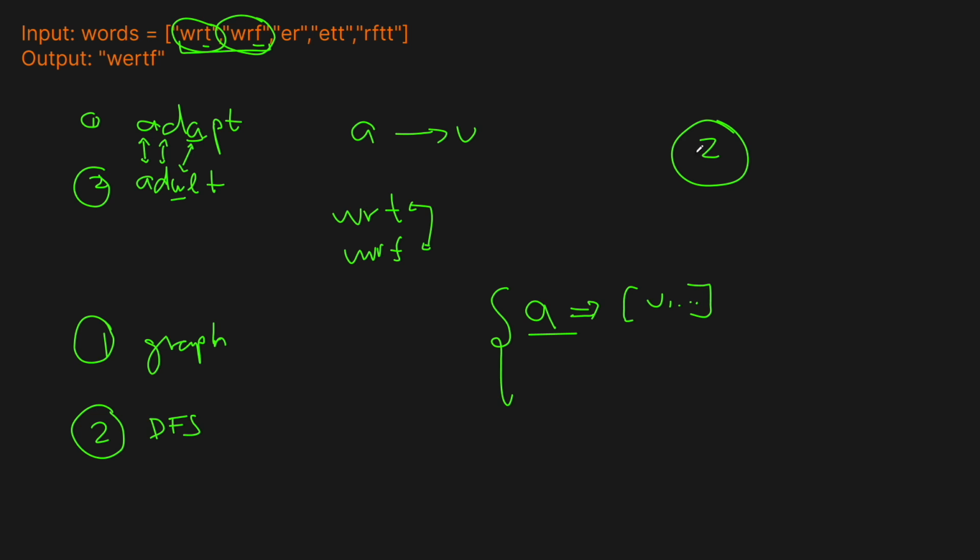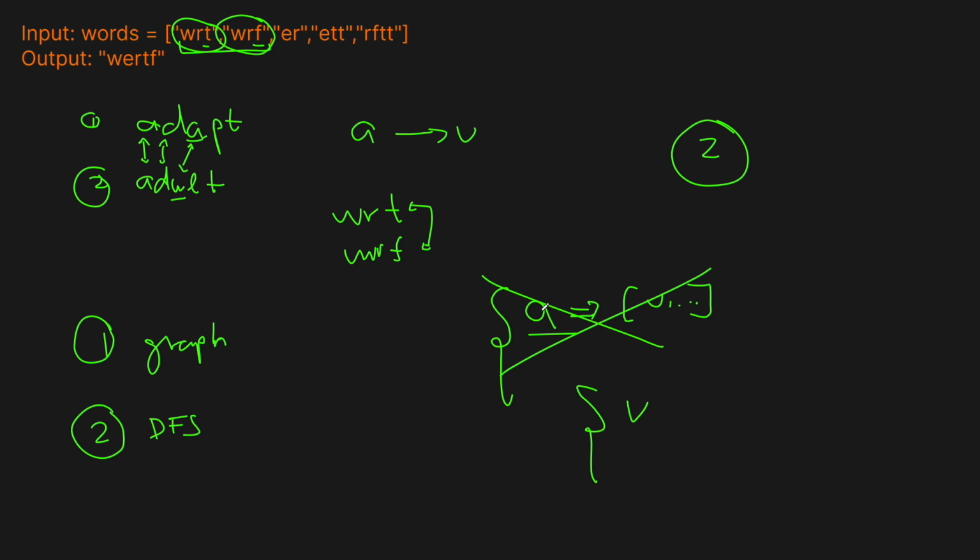We would actually return Z before we return A, because remember, topological sort is a DFS. You'll go all the way down until you can't go any further, and you'll get to Z, and then you'll start going back up the chain, and eventually you would return A, which would mean that our order is actually reversed. We'd return Z first, and we'd get A last, which is not correct because A comes before Z. So instead of building our graph with all the characters that come after a character, we actually want to do it in reverse.